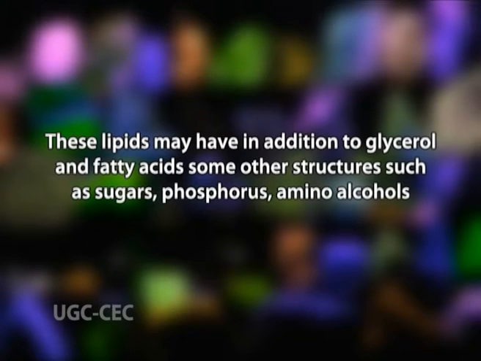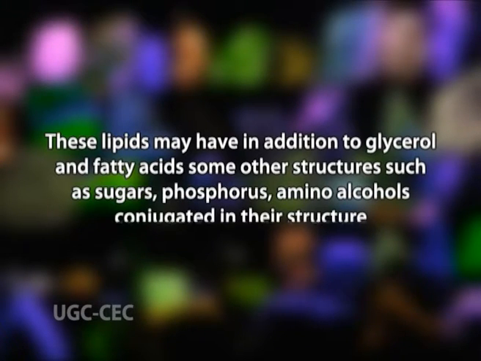These lipids may have, in addition to glycerol and fatty acids, some other structures such as sugars, phosphorus and amino alcohols conjugated in their structure. The compound lipids are also called as complex lipids or conjugate lipids.